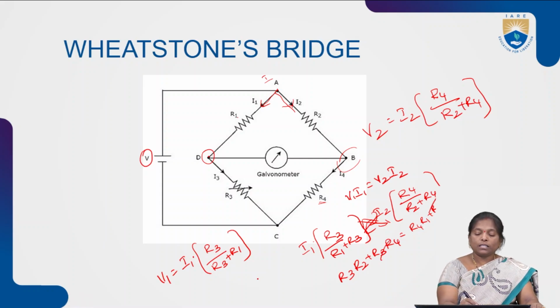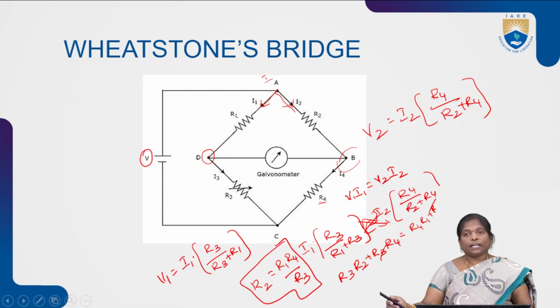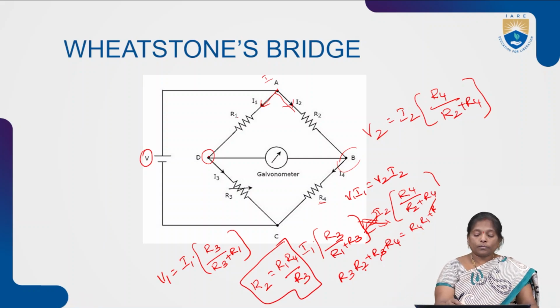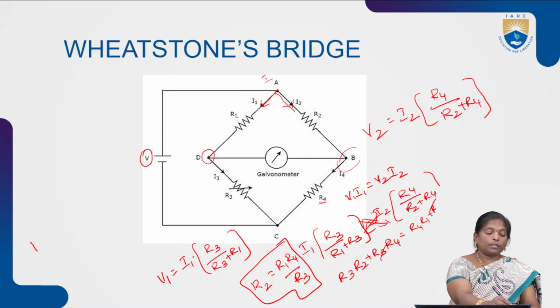Then we have R3R2 equal to R1R4. This is the balanced condition for the bridge. That is, R3 into R2 equal to R1 into R4.